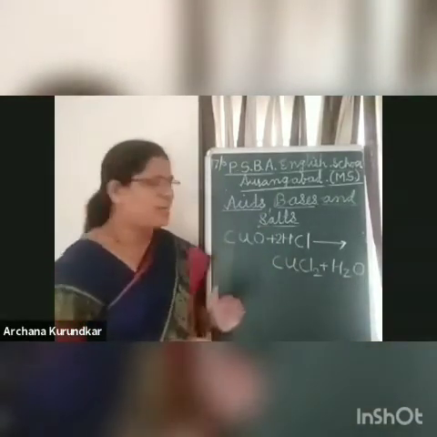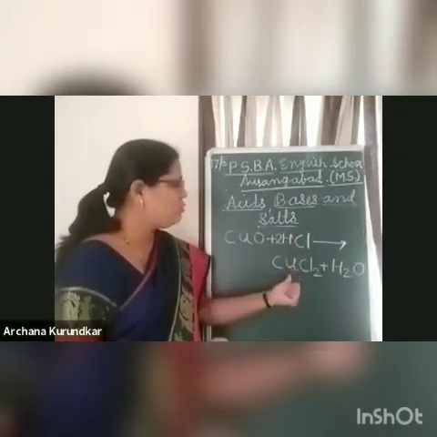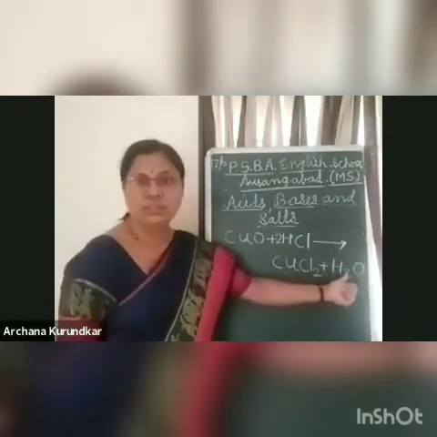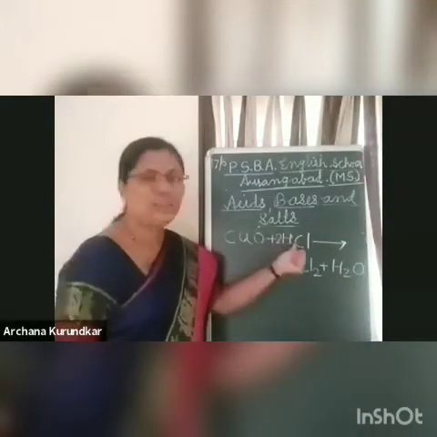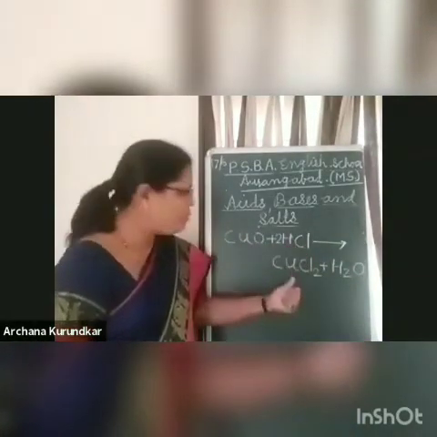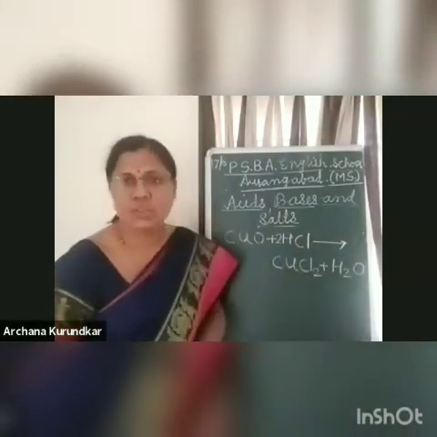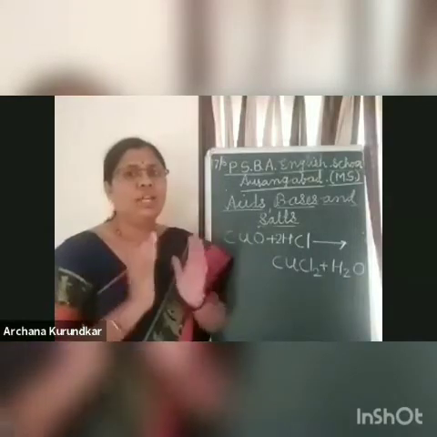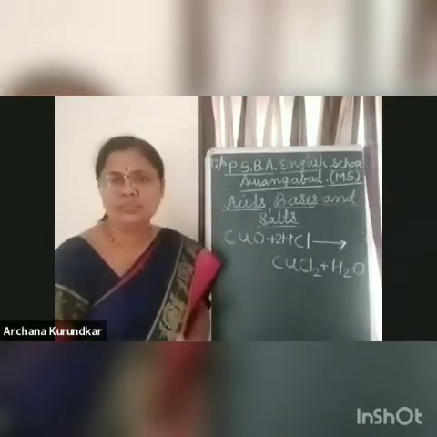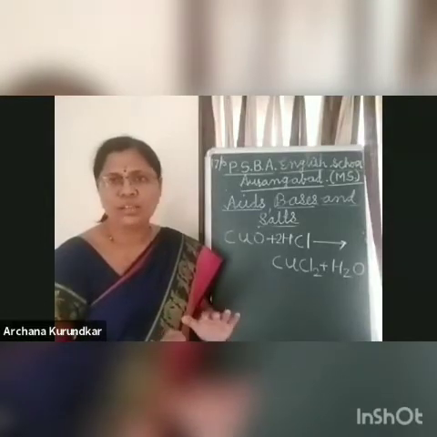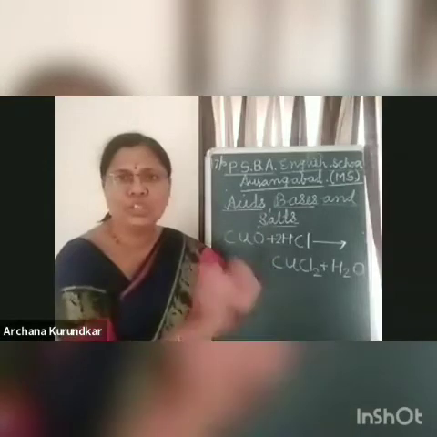Now understand this reaction. Copper oxide plus hydrochloric acid gives copper chloride and water. It means in the reaction of metallic oxides and acid, there is a formation of salt and water. Copper chloride is one of the salts. Now we will compare this reaction with the neutralization reaction.